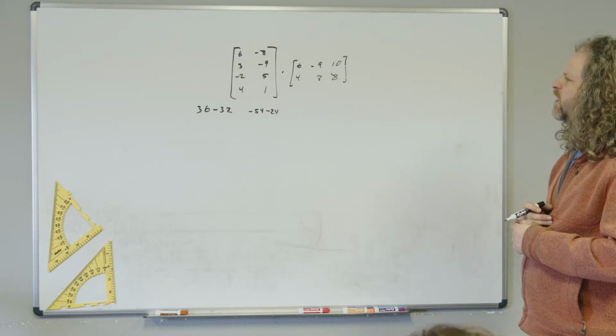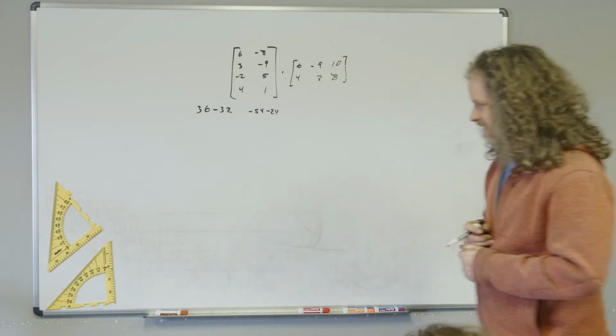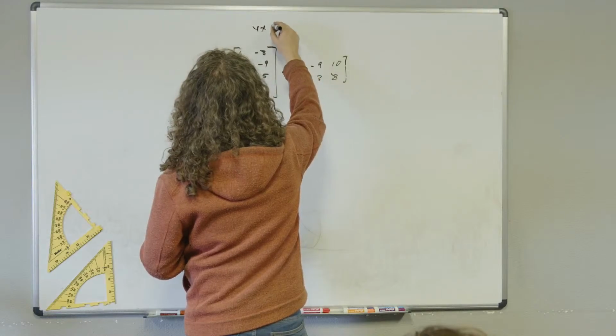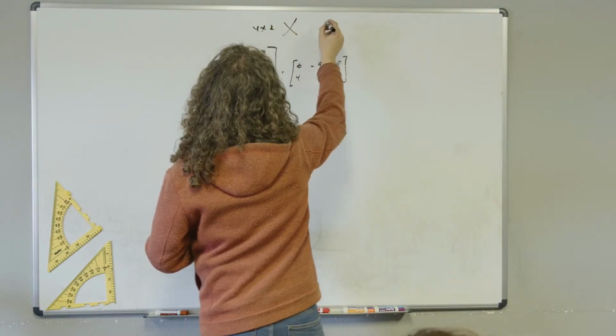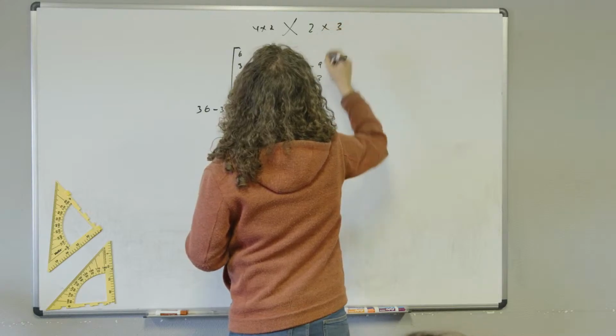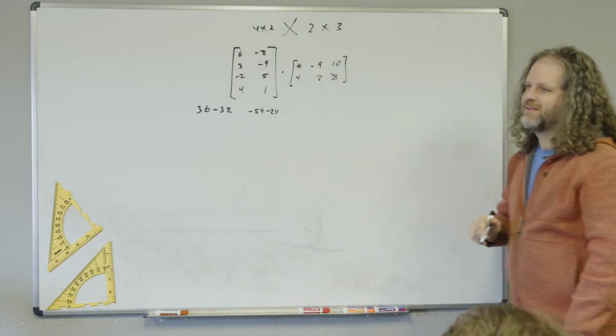Will it be a 4 by 3? Yes, it'll be a 4 by 3, because it's a 4 by 2 times a 2 by 3. So it'll be a 4 by 3 at the end.